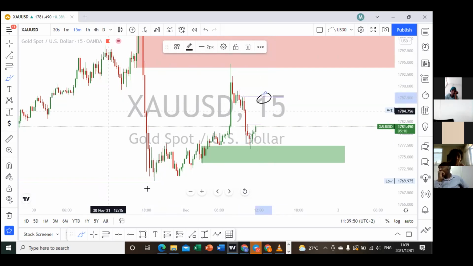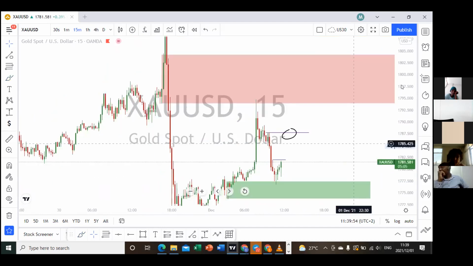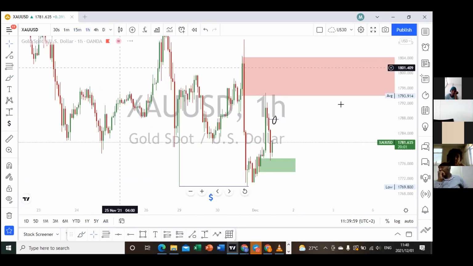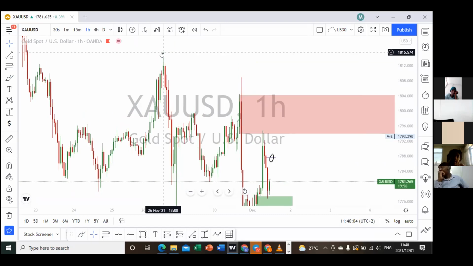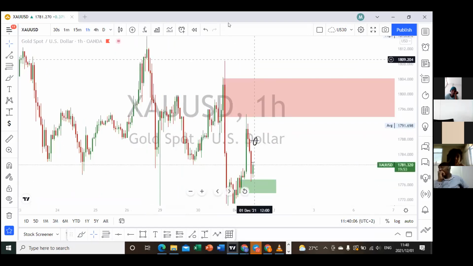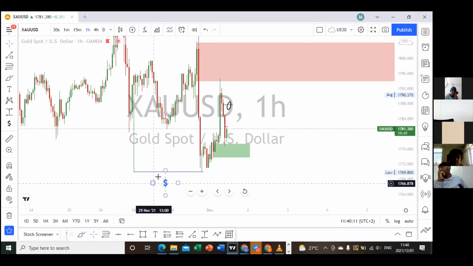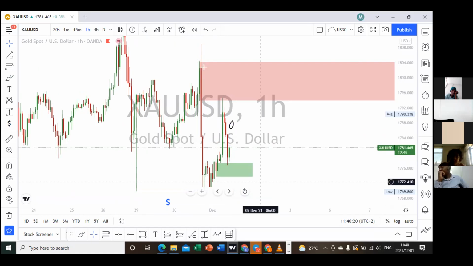The reason why I'm still looking for selling opportunities, as we can see on 1 hour, is that we've got the higher low, and then these lows here created some kind of liquidity. So the market went up to fill up this inefficiency, but the market couldn't break this high here.